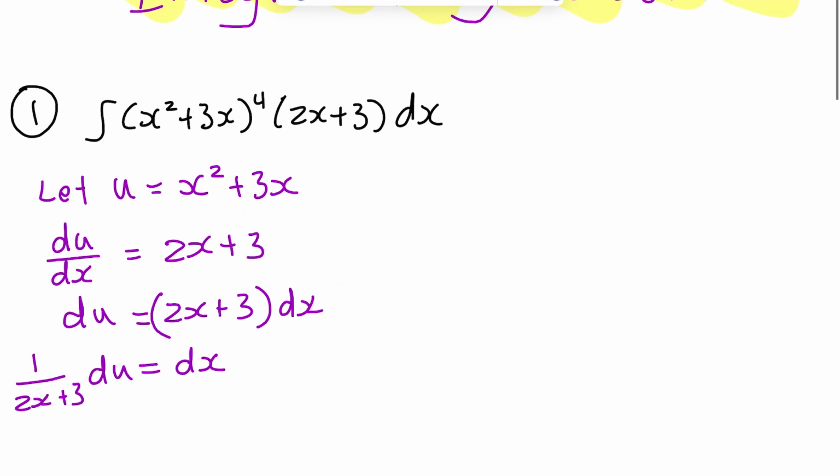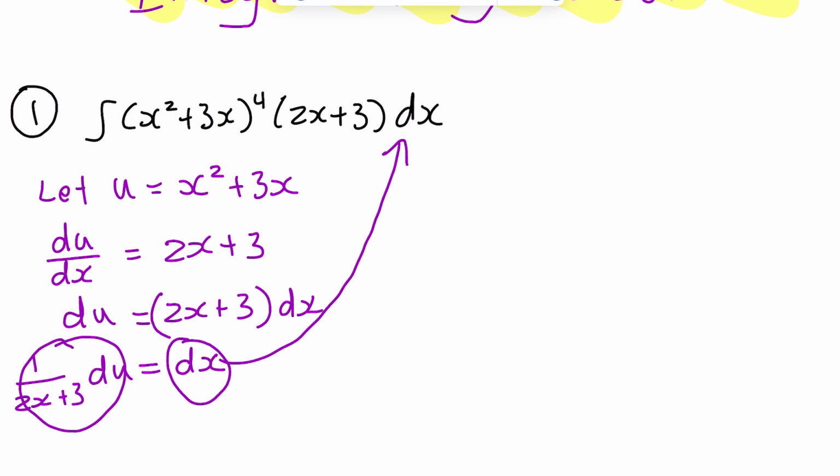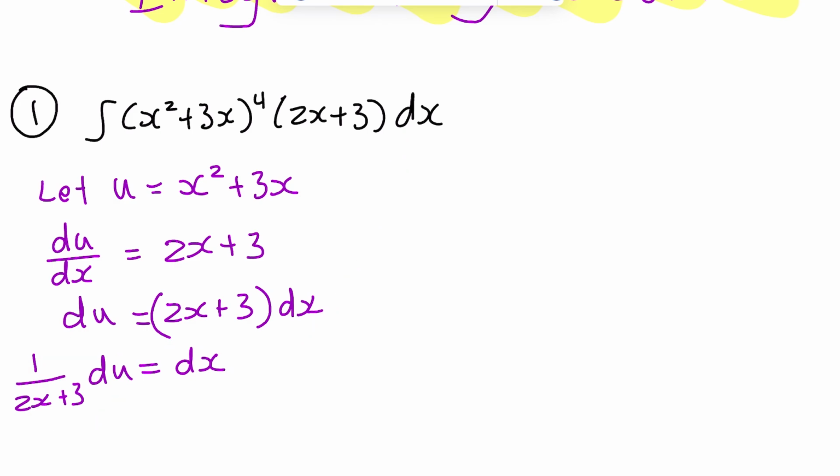The next step is to replace that dx in the entire function. Instead of putting this complicated function here, I want to put u, because we said let u equal that.